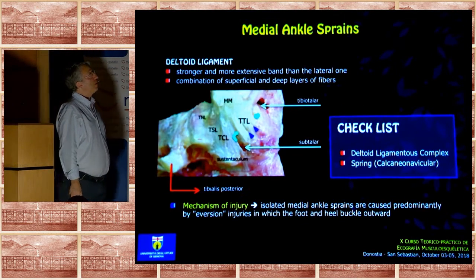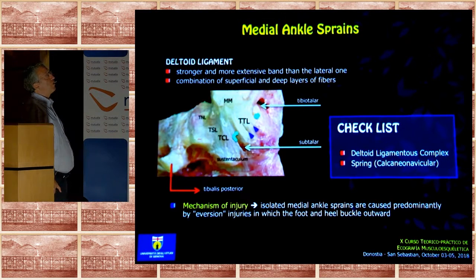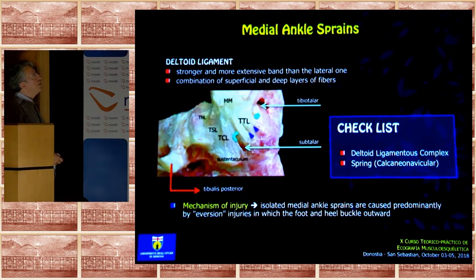Moving to the medial aspect of the ankle, we have to address some very complex ligaments, very complex from the anatomical point of view. Maribel gave me this image that is, I think, really fantastic to understand the structure of the deltoid.